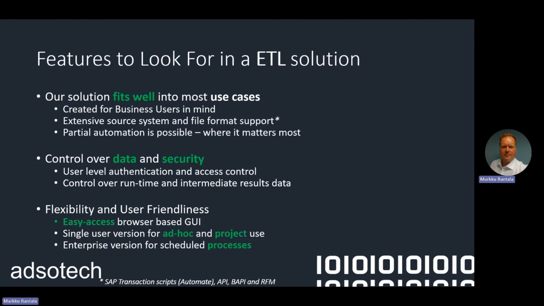We only grasp the very top of these features now, a very small set of these features, but we also support SAP transaction scripts writing, reading with BAPI and API. So there are a lot of features that are kind of enterprise grade in this Data 360 solution.